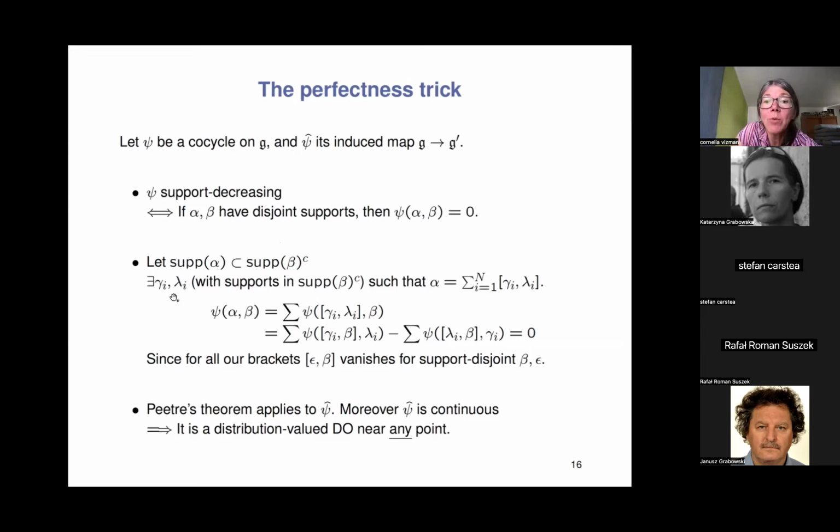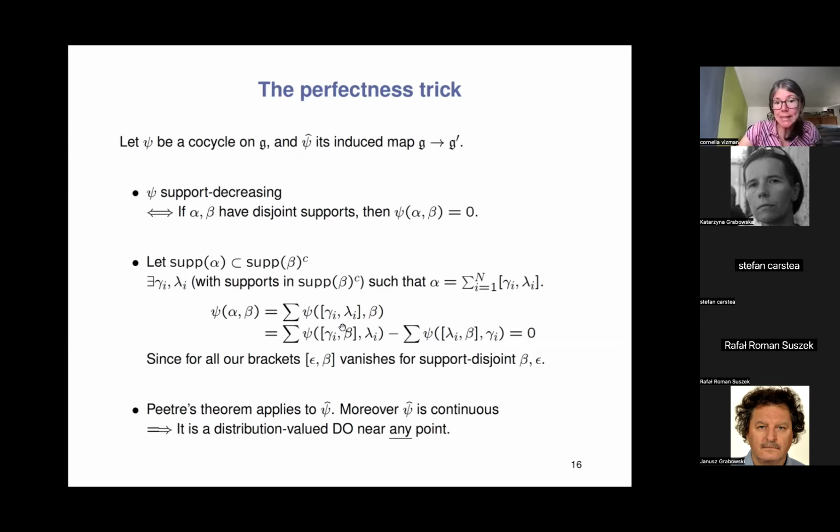Then alpha, by the perfectness, we can write as a sum of brackets. Then by computing psi of alpha and beta, we use the Jacobi, the cocycle property of psi.